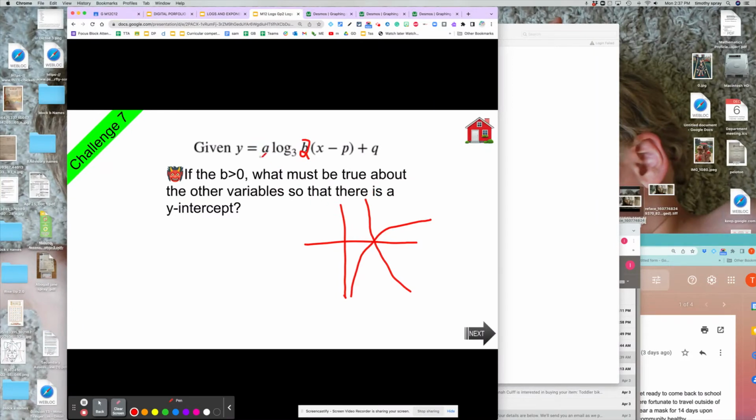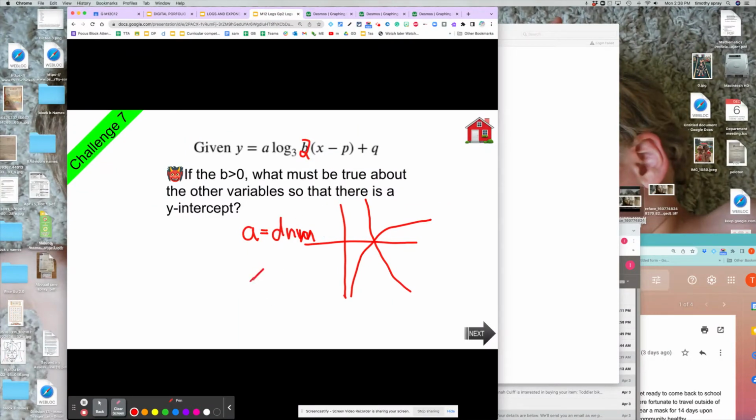Well, we know that the a value simply causes the reflection over the axis, so that's not going to impact. So a would not matter. The b and the p and the q value, in order for there to be a y-intercept, this has to be shifted over.